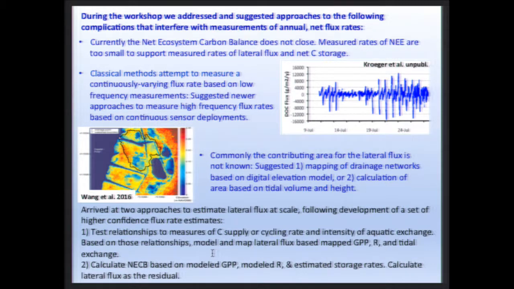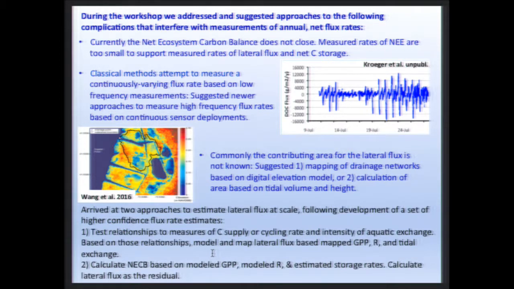And so you need high-frequency continuous data. The contributing area to the flux from a wetland, indicated in this case by this heavy black line, is often not known, so that a per unit area flux is difficult to quantify.